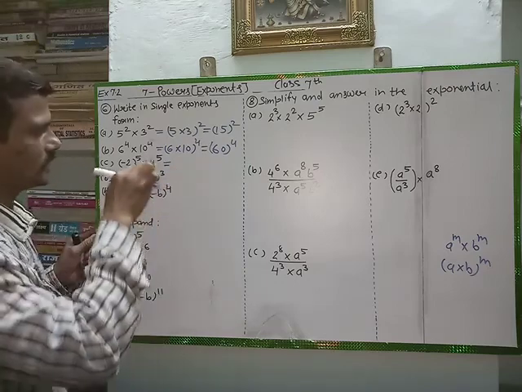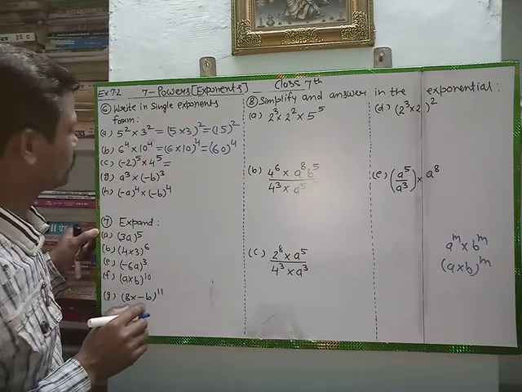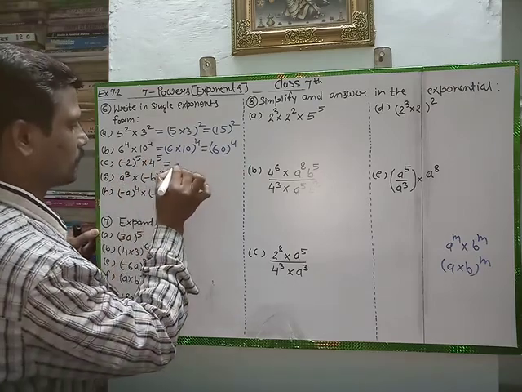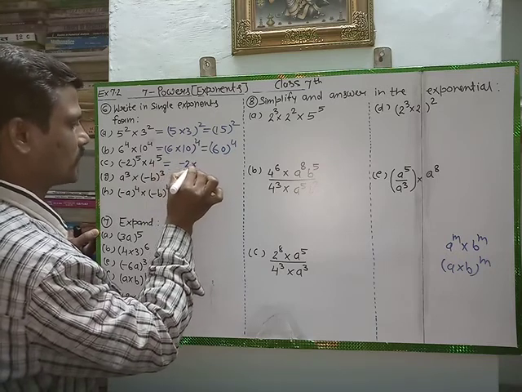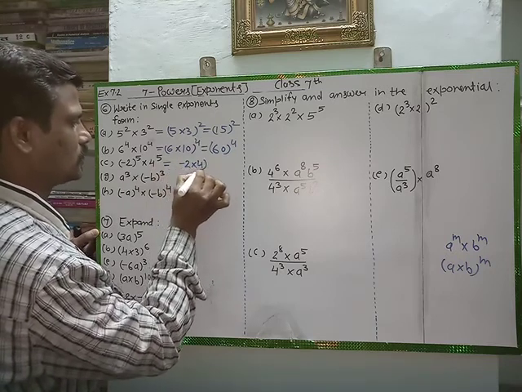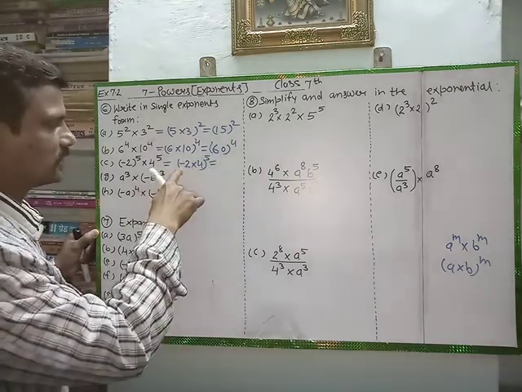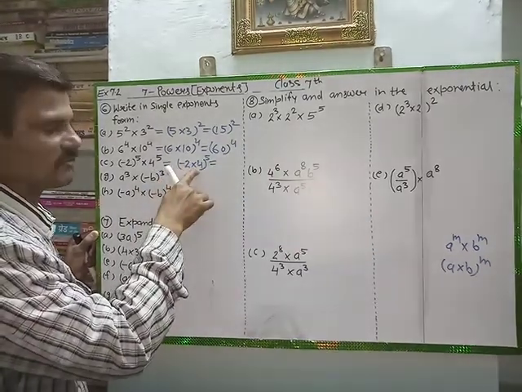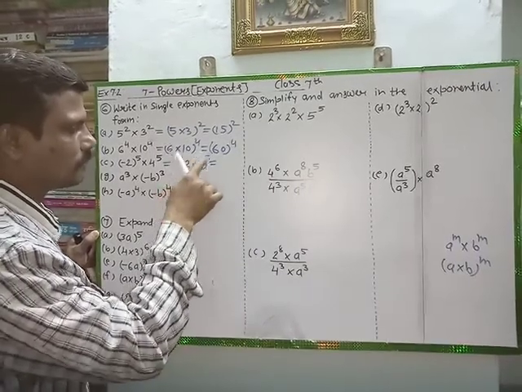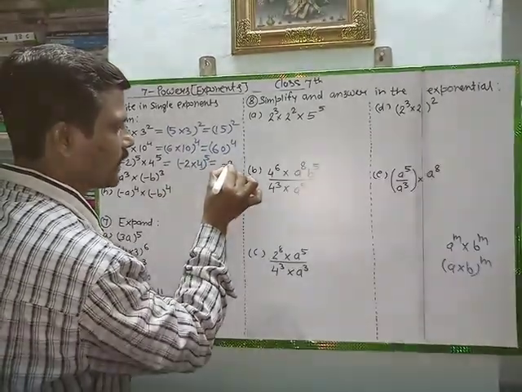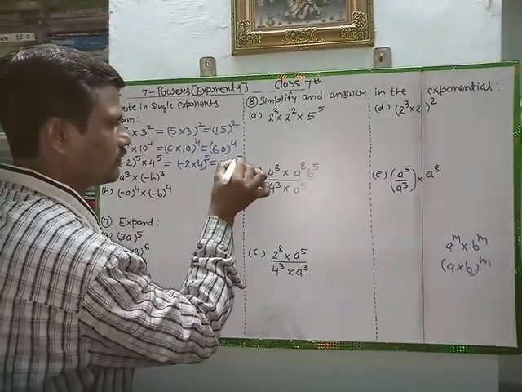So here the powers are the same. Minus 2 multiplied with 4 to the whole power 5. Okay, this minus will multiply with plus, so this will become minus 8 to the whole power 5.